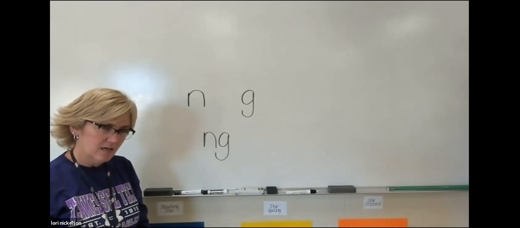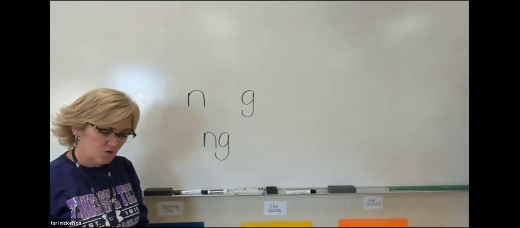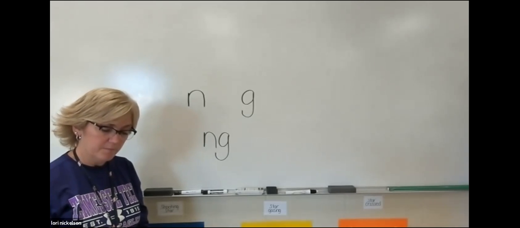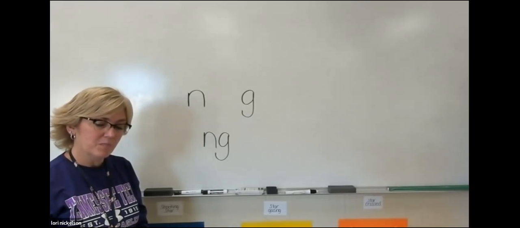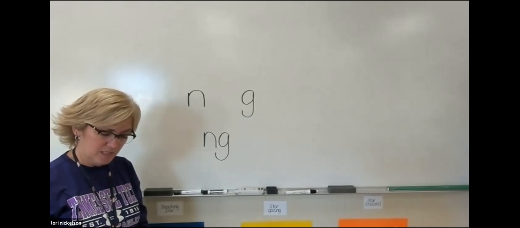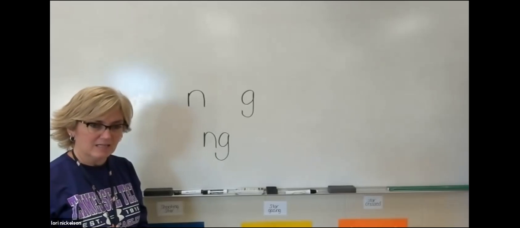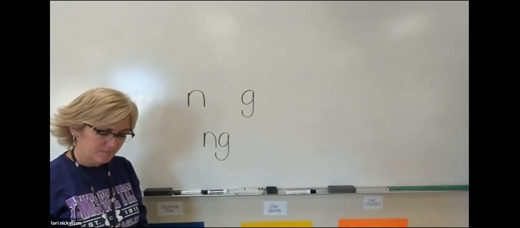Kin and king. So you can hear the G at the end of king. What about pin and ping? Pin and ping. You can hear the difference there. Ban and bang. Ban and bang.